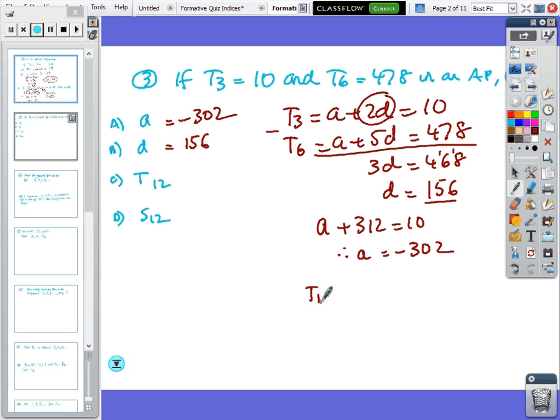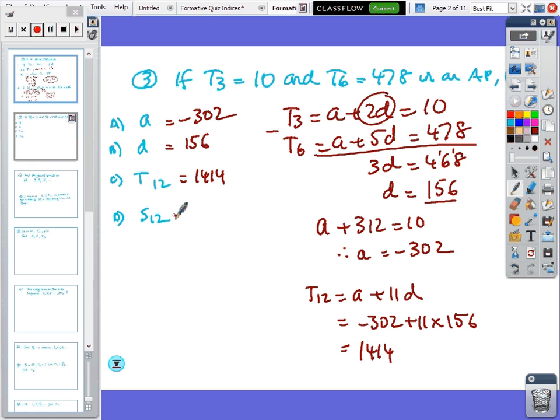Okay, T12 equals A plus 11D equals minus 302 plus 11 times 156. Check that in your calculator. 14. Okay.